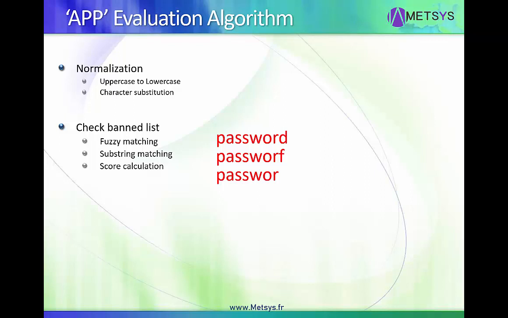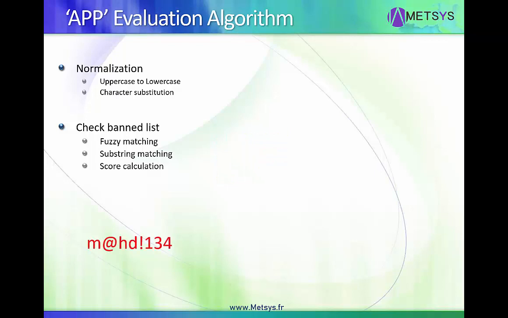The second thing is substring matching. What does it mean? As you can see, the red password is quite strong. It has letters, numbers, and symbols. Once the password is normalized, it will be changed to something like this.